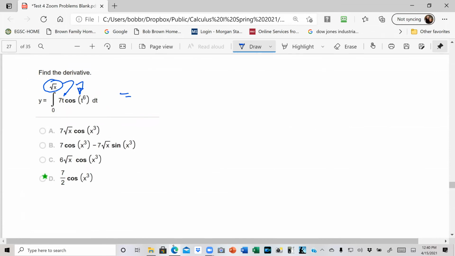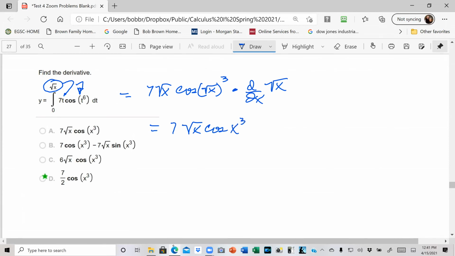When we do that, we get 7 square root of x times cosine of the square root of x cubed. But then we need to multiply by d/dx of the square root of x.